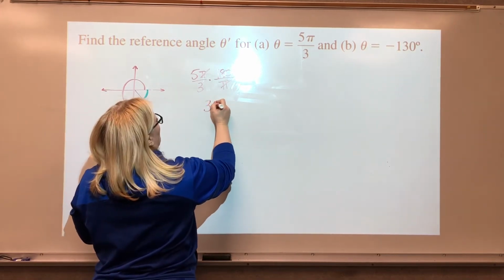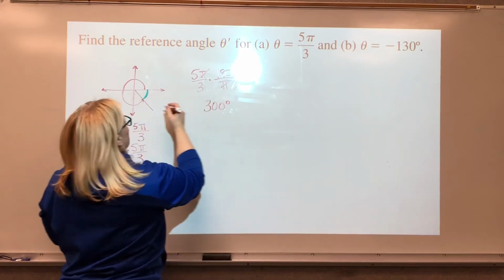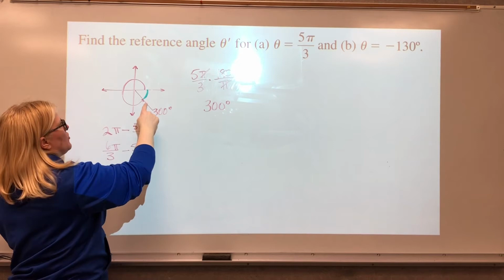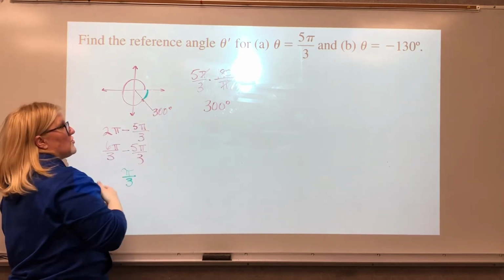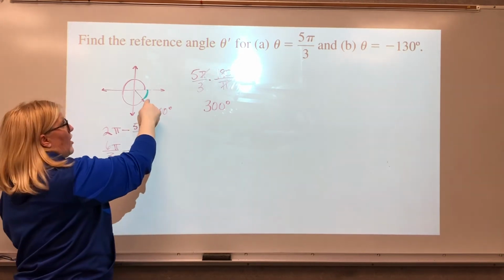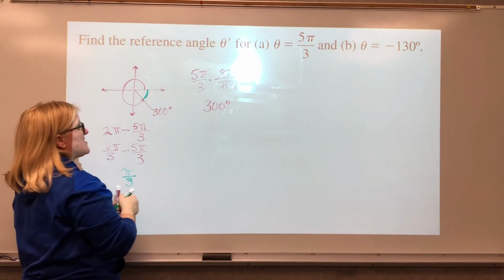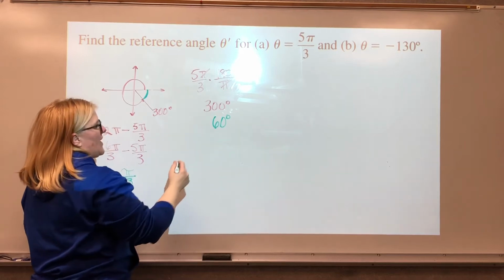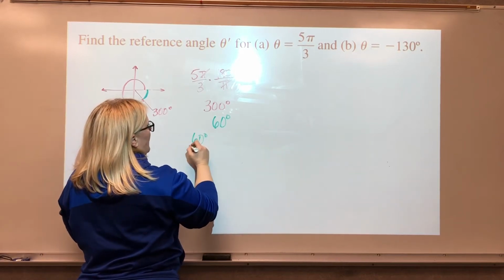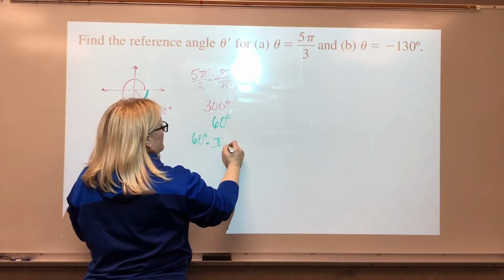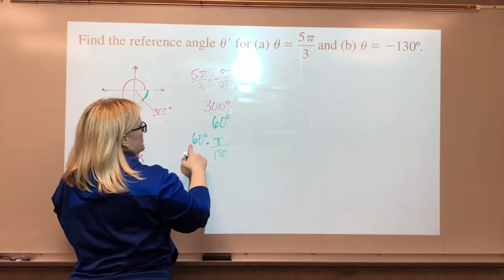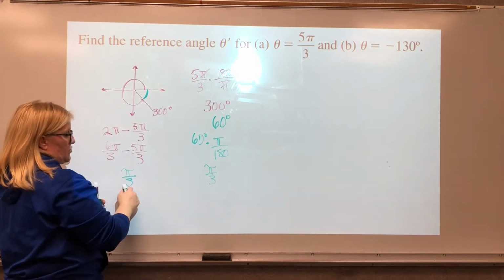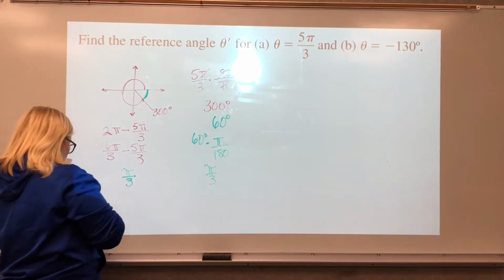So this is not only 5 pi over 3, but it's also 300 degrees. How many more degrees do I need to get all the way around? To 360, and that's 60 degrees. But it was given to me in radians, so I have to switch it back to radians. 60 goes into 180 3 times, which gives me my pi over 3, which is what I had.